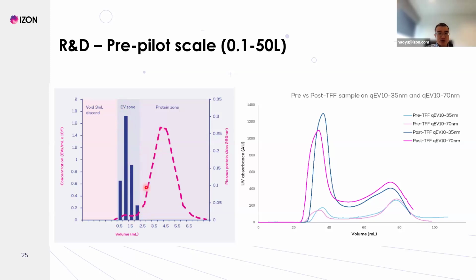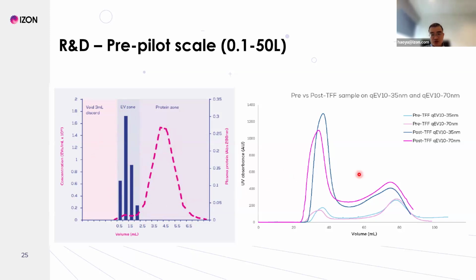You can see that proteins start to increase in this region. So this is the ideal elution profile. We harvest the EVs here, and the later protein region is here. Sometimes people need to harvest part of the protein region as a control during their experiment.